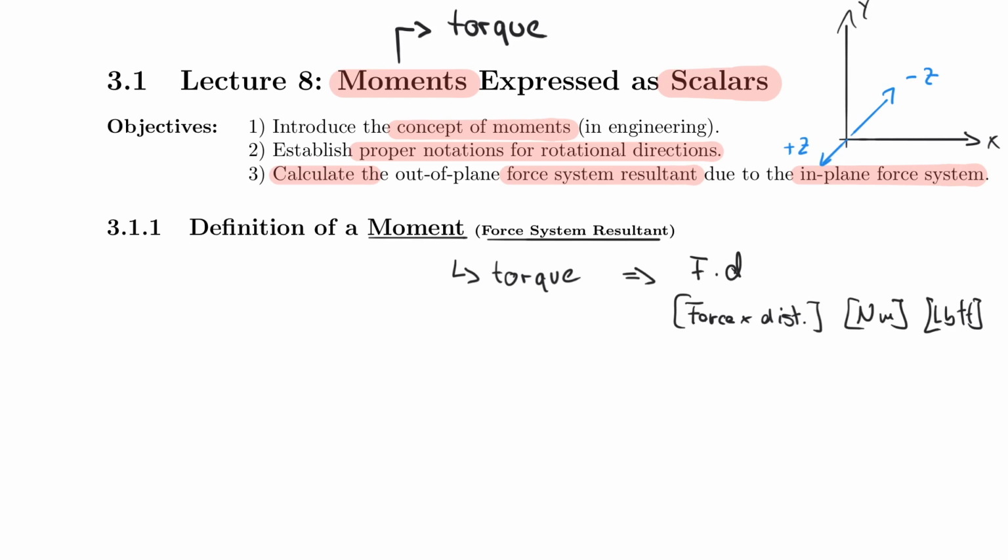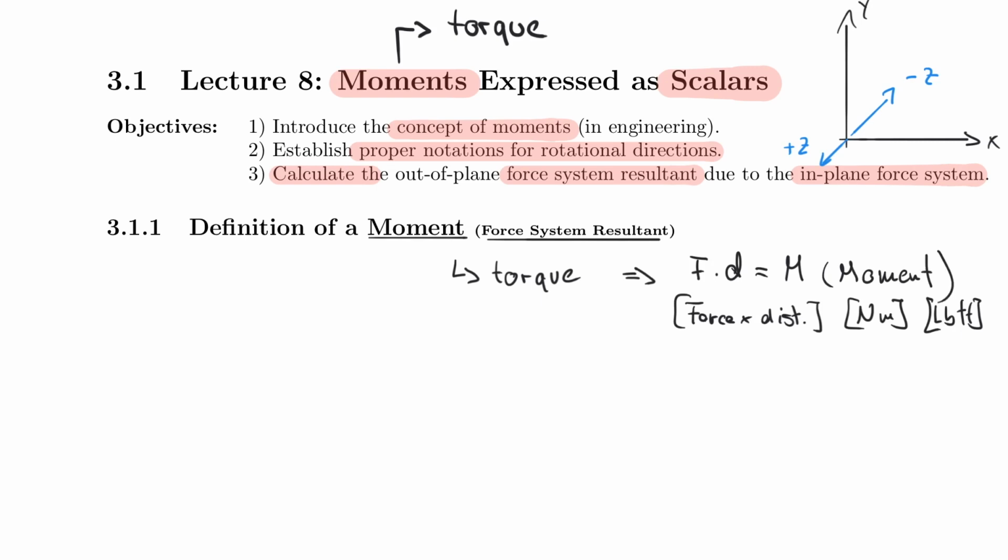And I want to, of course, be a little bit more precise about this today and explain this further to you, because there's some particular things we need to consider for the force and some particular things we need to consider for the distance. And in engineering, you would always find this to be called M for moment, right? So moment.